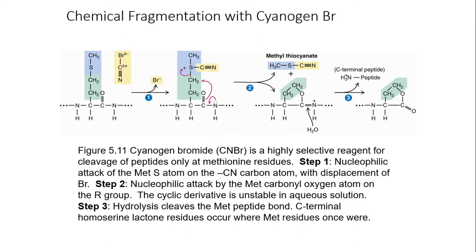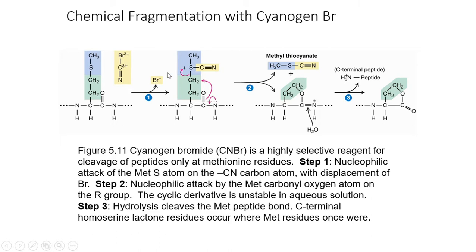Here's a representation of that reaction. Here we have a methionine residue. There's a nucleophilic attack of the methionine sulfur on the carbon atom in that cyanogen bromide. So this is attacking here.